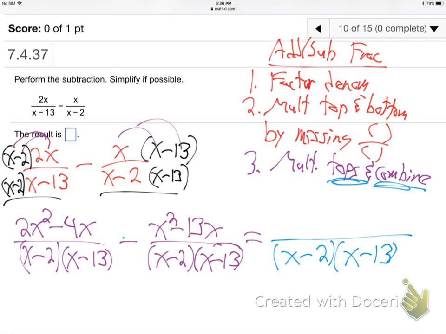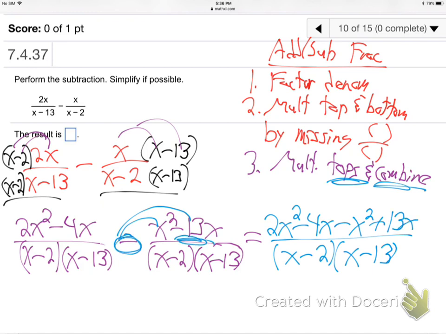So careful now, the minus sign is deadly. Remember, it has to go to both of those. So it's going to become 2x squared minus 4x minus x squared plus, it hits the minus 13x to make it plus. So then we combine like terms up there. 2x squared minus 1x squared is x squared.